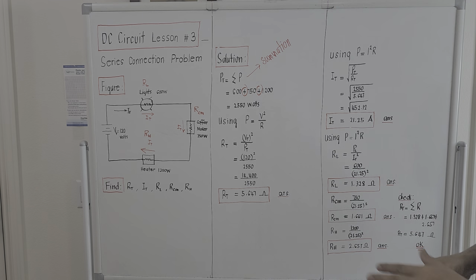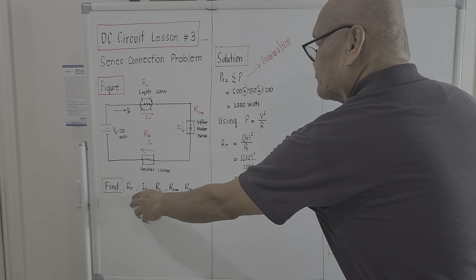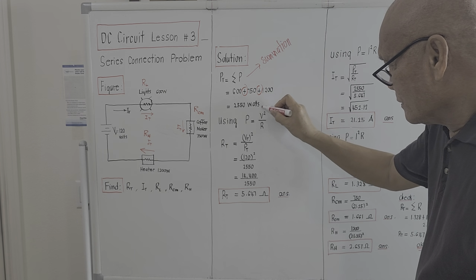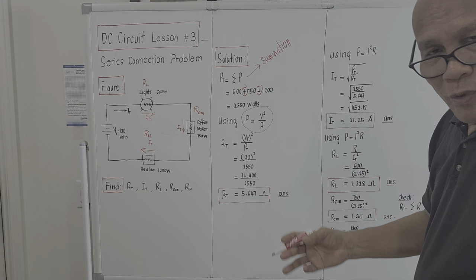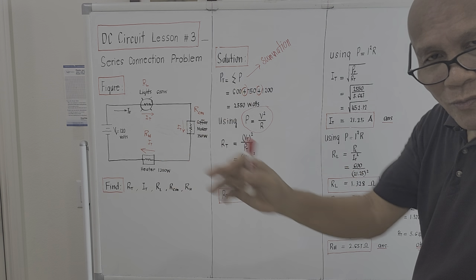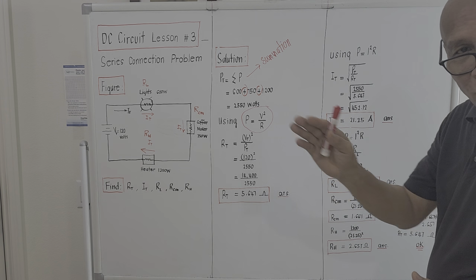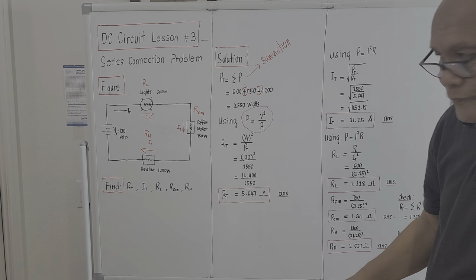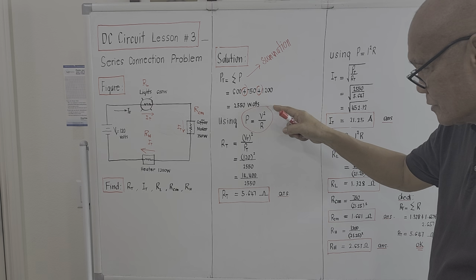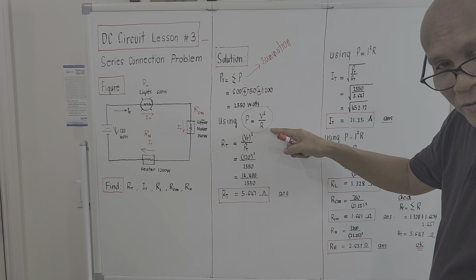To compute for R total, we will be using a relation here. And since we are studying engineering, we must use an equation. One of the equations under DC circuits is that power is the square of the voltage over resistance.